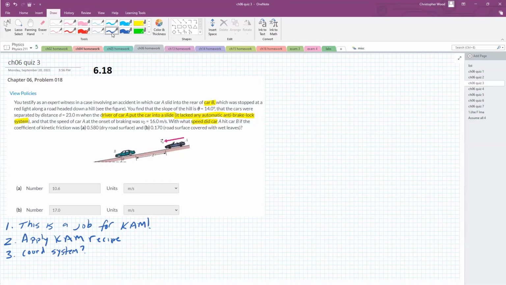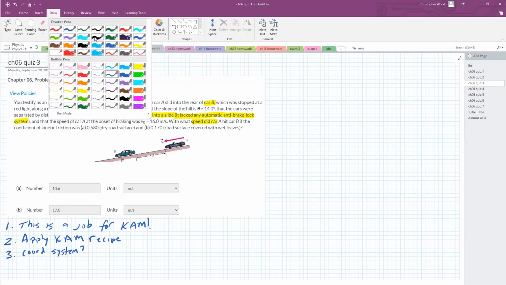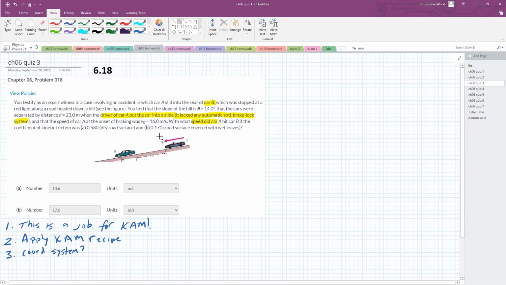So here's a question. After I slam on the brakes, does the blue car continue to accelerate down the ramp, or does it accelerate up the ramp? And the answer is, I don't know.